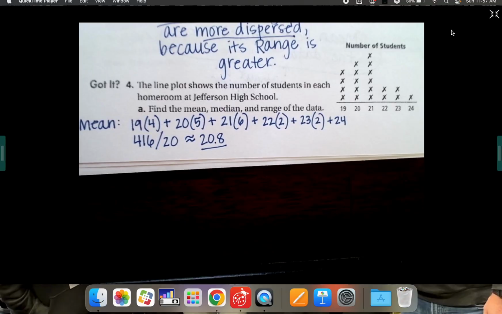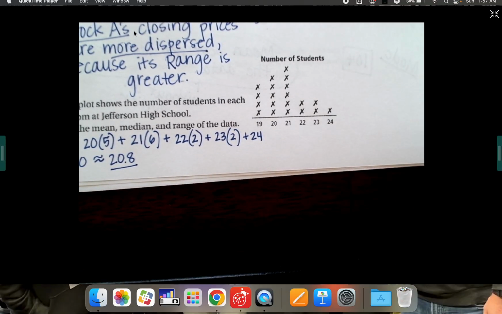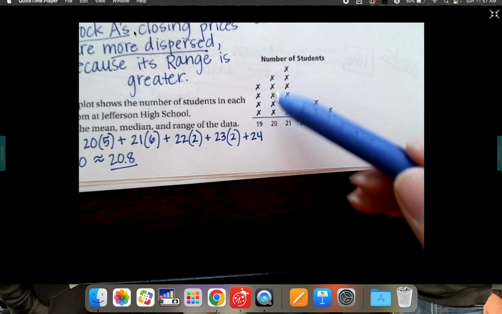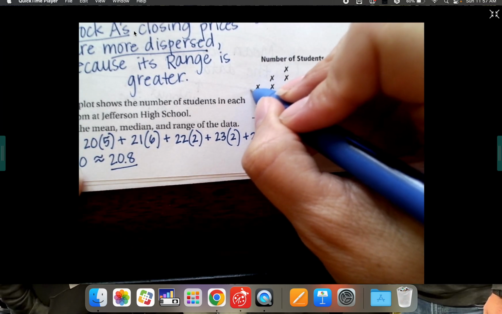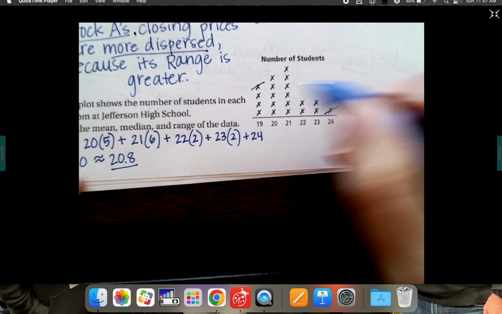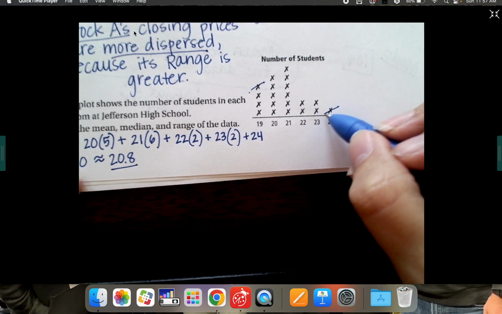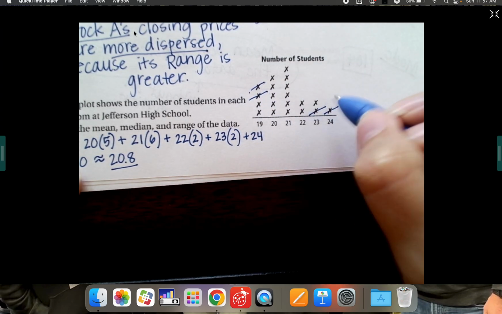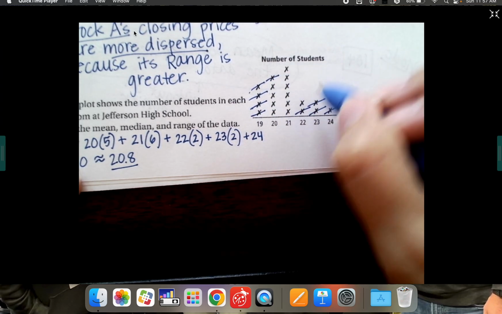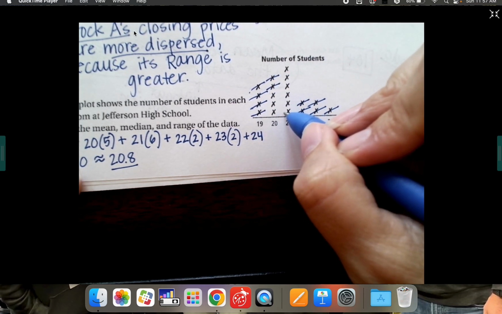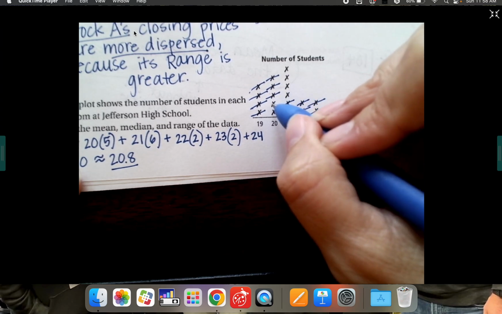All right, the median. Oh, sorry, lost this here. The median is when you line them up in order and chop off the ends until you get to that center number. Since they're kind of already in order here, I'm just going to use these X's. So I'm going to chop off the lowest number, highest, lowest, highest, and so on.